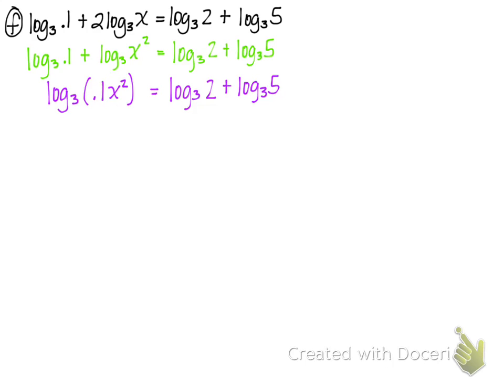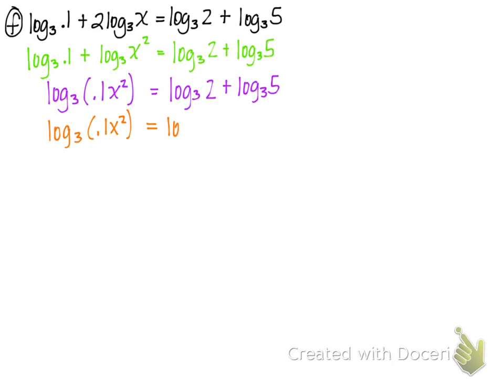So now let's look at the right-hand side. So over here we don't have any power property, but we do have product property because we have addition. So I'm going to rewrite the left-hand side because we just finished it. And we're going to rewrite the right-hand side, but this time we're going to multiply 2 and 5.